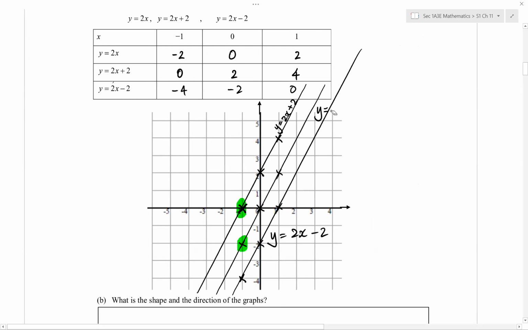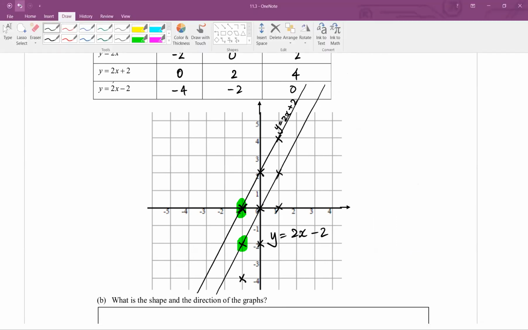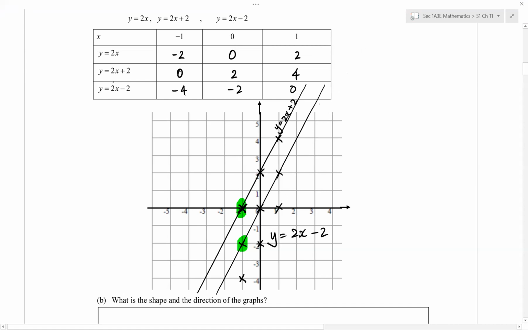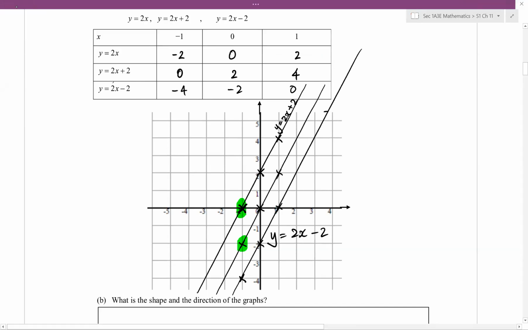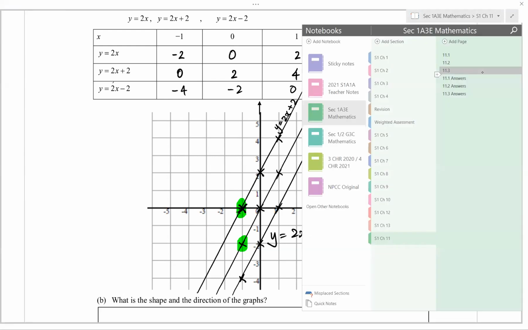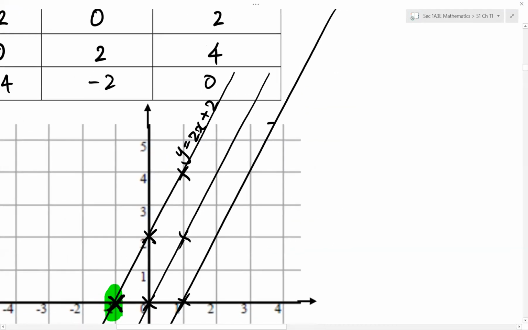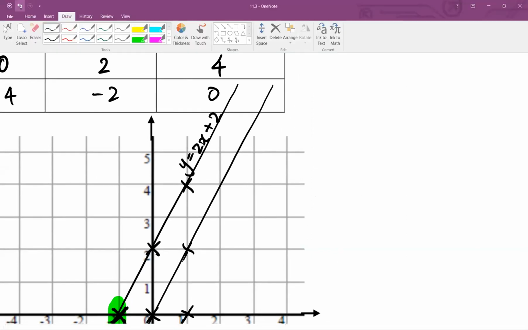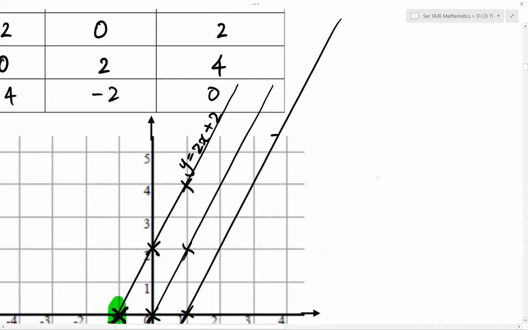So edit it. Okay, so here we have y equals to 2x.